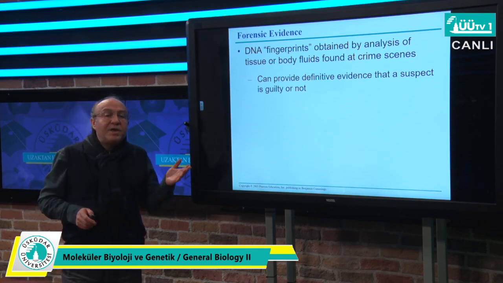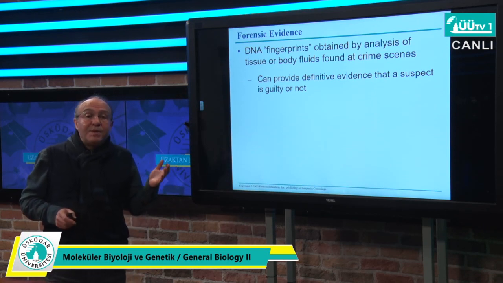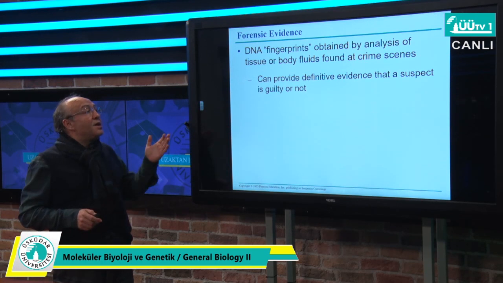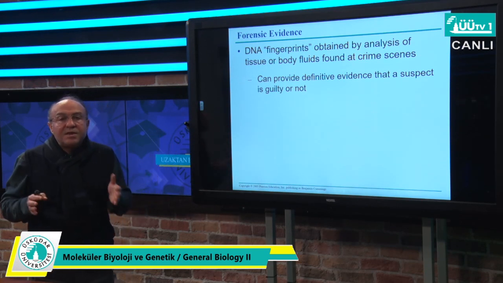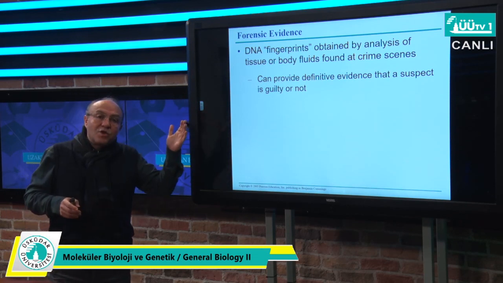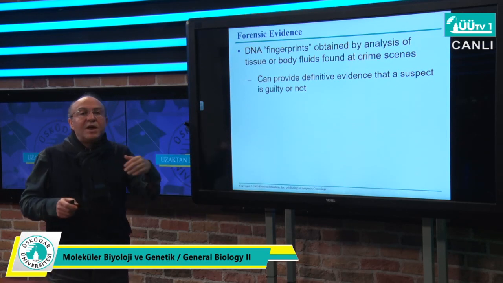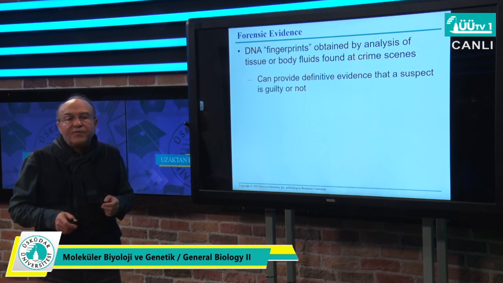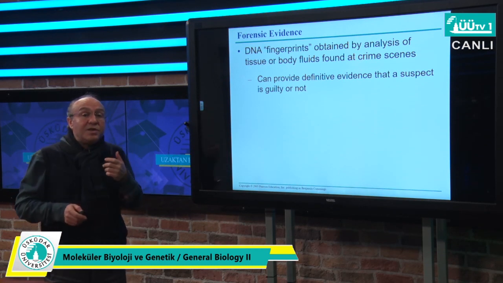DNA fingerprints depend on the short tandem repeats in our genes, and we use restriction enzymes to get the short tandem repeats, or STRs. Then we put them on gel electrophoresis and look at their sizes and their repeat times.